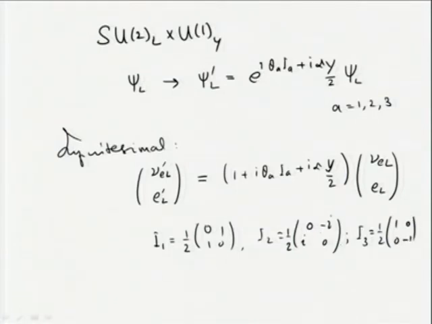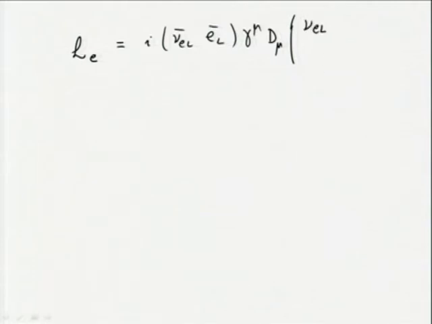This factor of 1/2 on Y is mainly due to this. So, this is the way it is, and the right-handed field transforms as 1 plus iα Y/2 acting on e_R, with no isospin; isospin is equal to 0 for this.